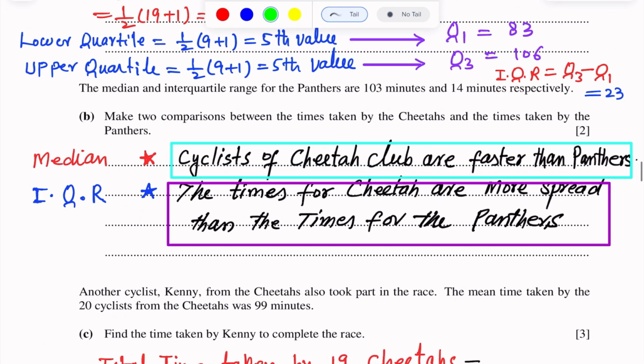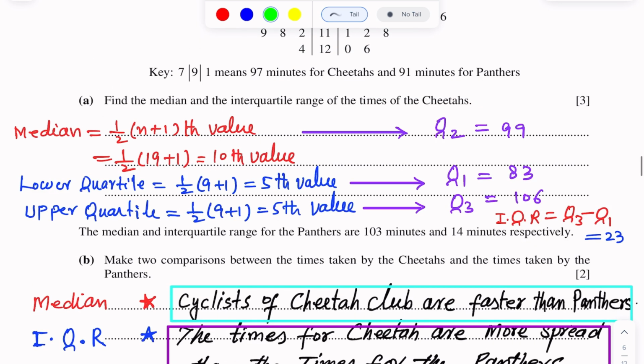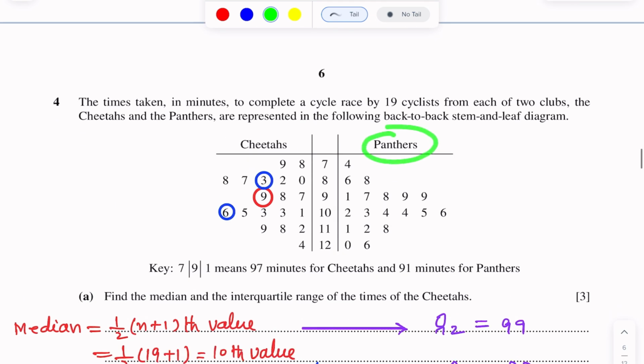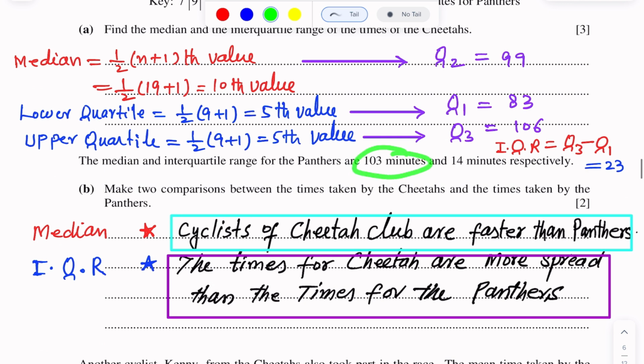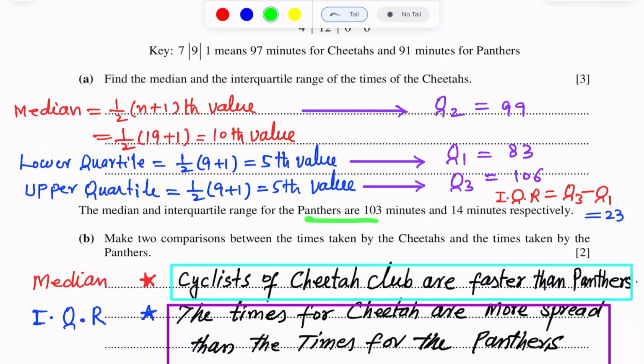Comparing the median, it is very clear that the median for cheetahs is 99 minutes and the median for panthers is 103 minutes. Panthers are taking more time. The median for panthers is 103, the median for cheetahs is 99 minutes. This means that panthers are taking more time.